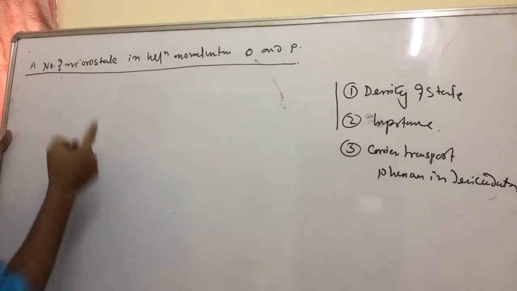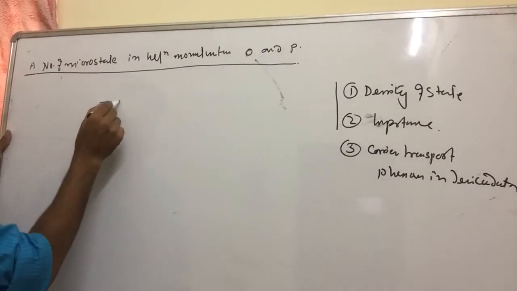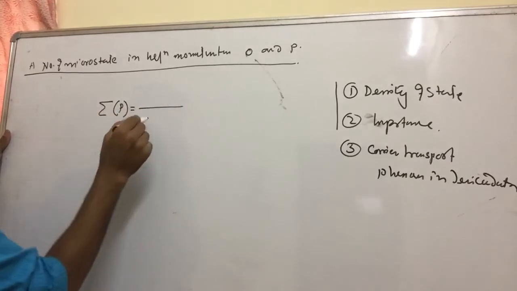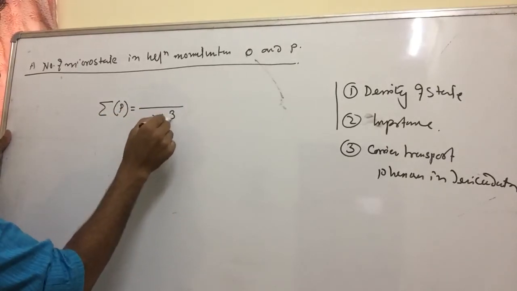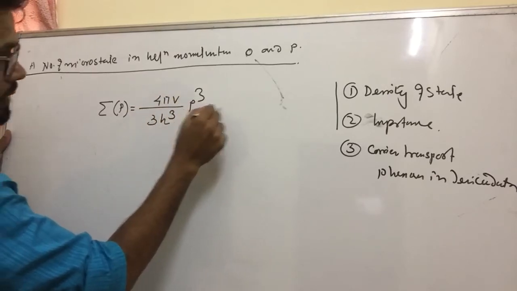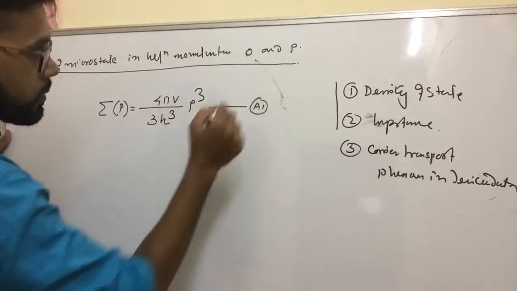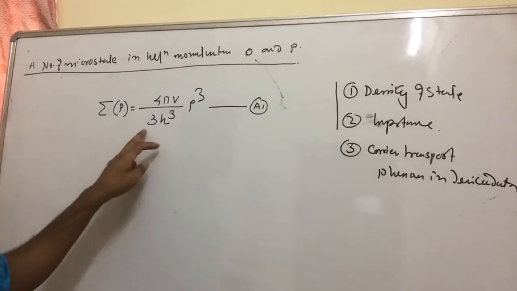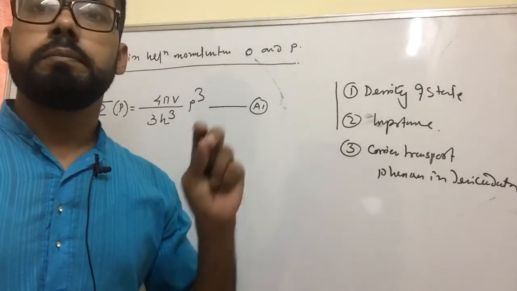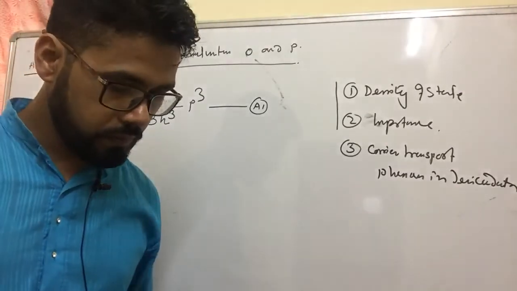The value of number of microstate, sigma p, is equal to how much are we getting? It is 4 pi V p cubed by 3, equation number, suppose this is 1. This represents the number of microstate in between momentum 0 and p.